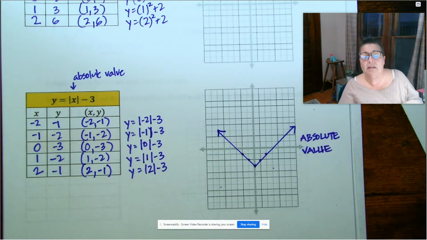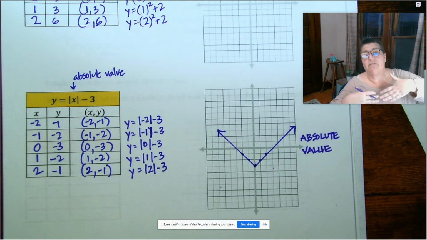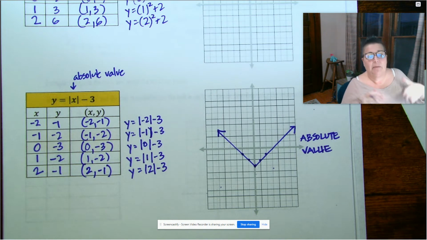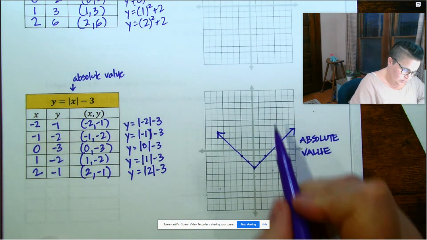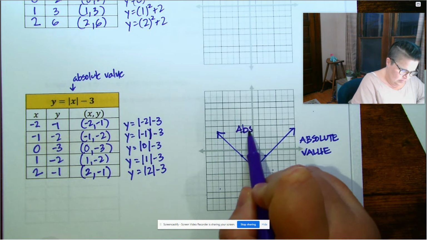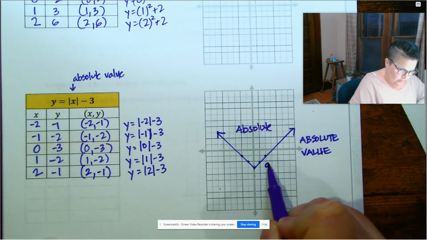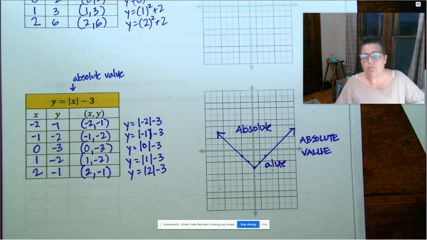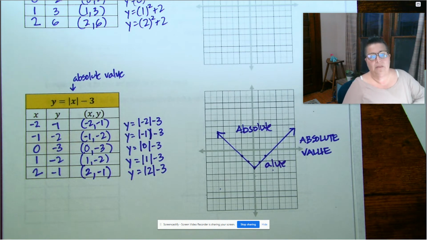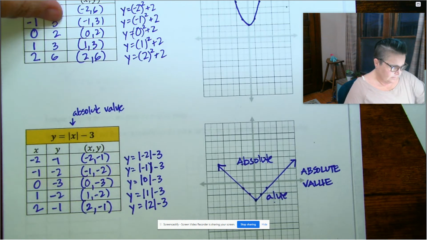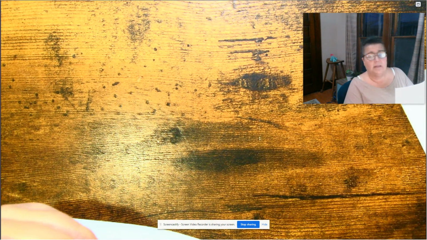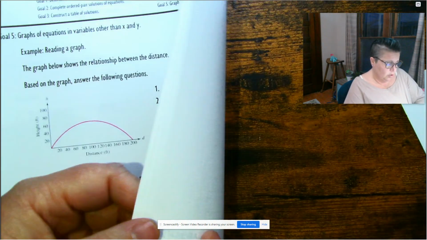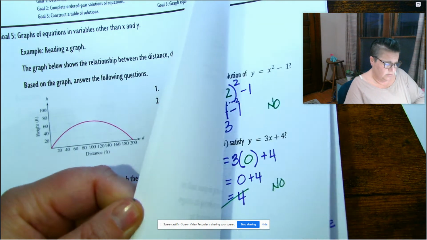And the graph of an absolute value will always look like a V. It moves around a little bit, but the absolute value equation always looks like a V. Like absolute value. That's how my brain worked. Absolute value with the V shape, right? This gives you a good idea of several different tables and the graphs that they give you, right? We're going to have you look at when you do these.